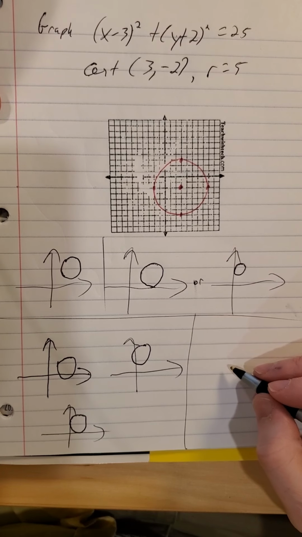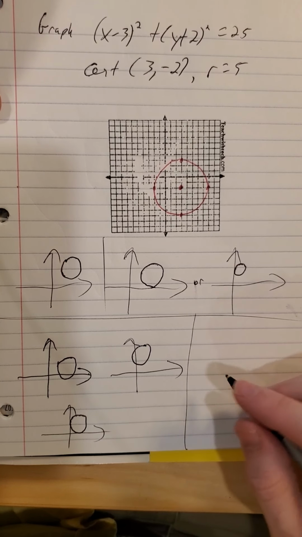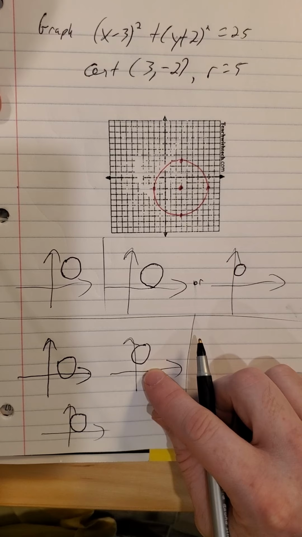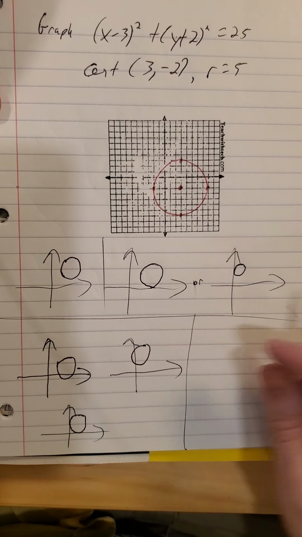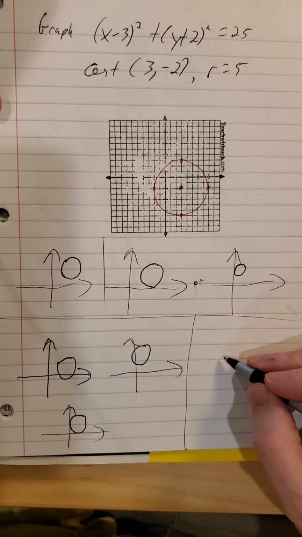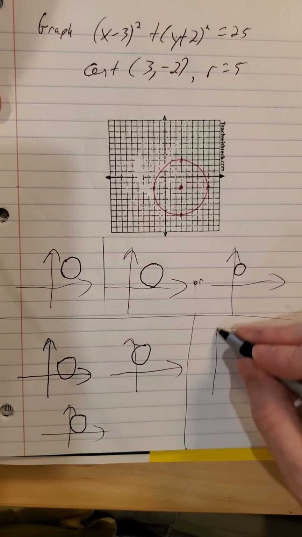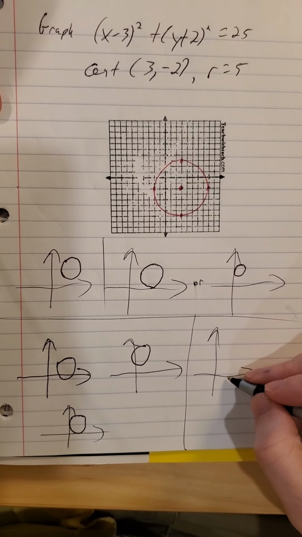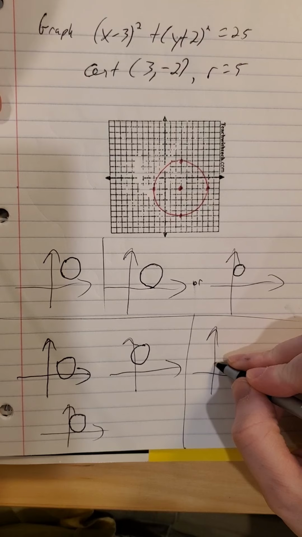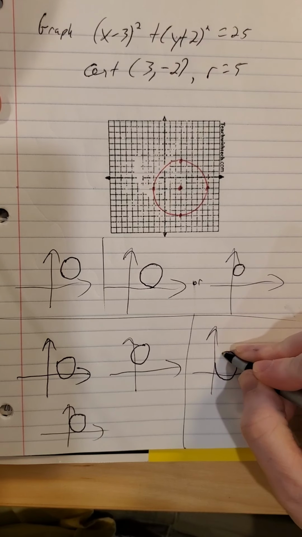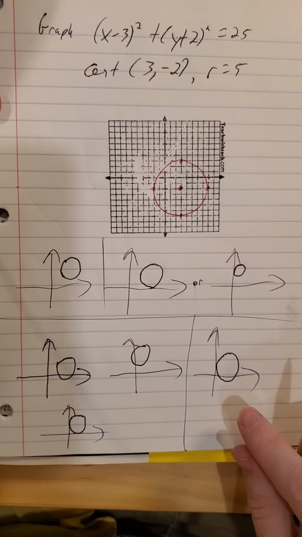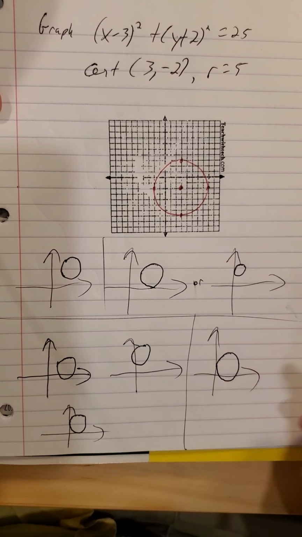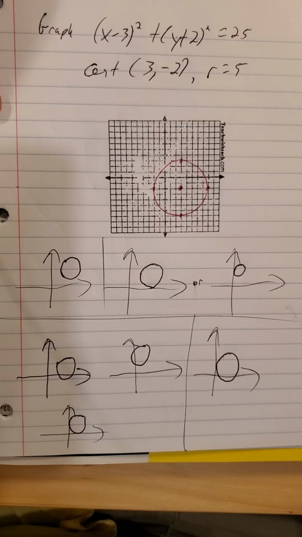It's possible then, of course, to have 3 intercepts. Just slide these over until they touch. So basically 2 on one axis, 1 on the other. You can picture that the other way as well: 2 on the y, 1 on the x.